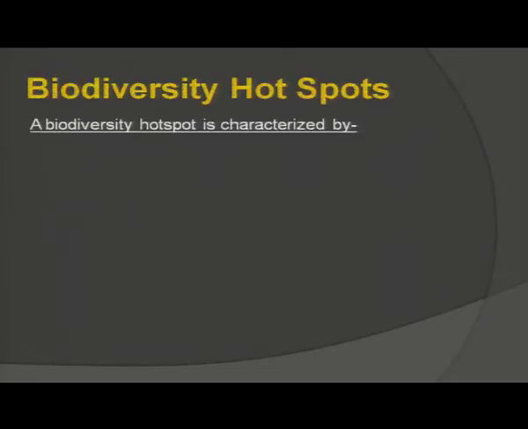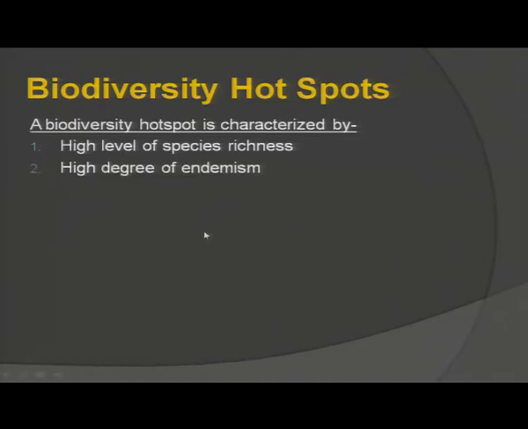A biodiversity hotspot is characterized by certain features. Number 1, it should have a high level of species richness, which means different types of species are present in that particular region. It should have a high degree of endemism. What do we mean by endemism? Endemism refers to animals, plants or any species for that matter, which reside in a particular region and are found only in that region and nowhere else.